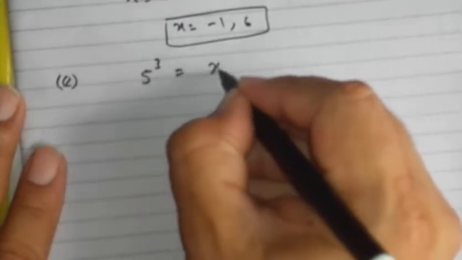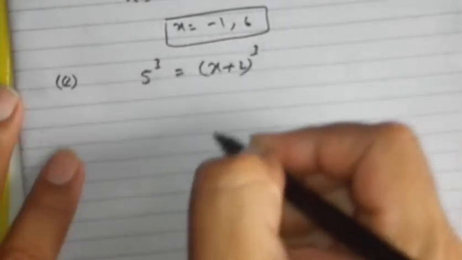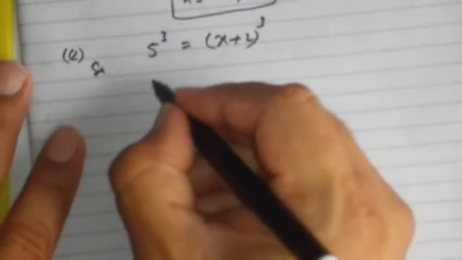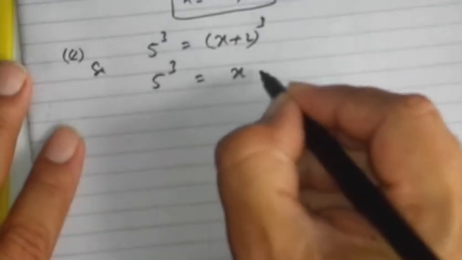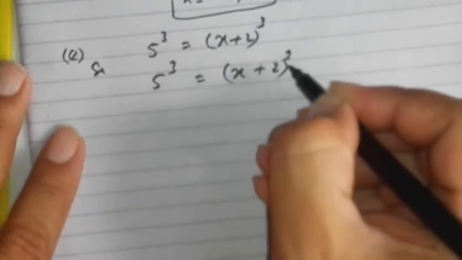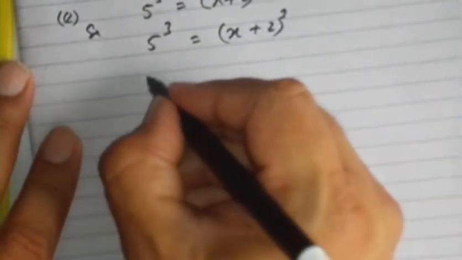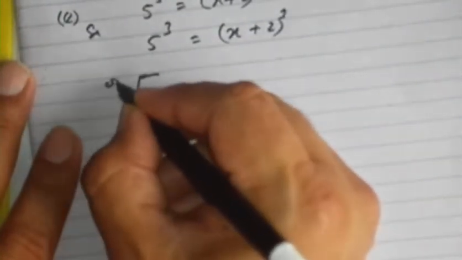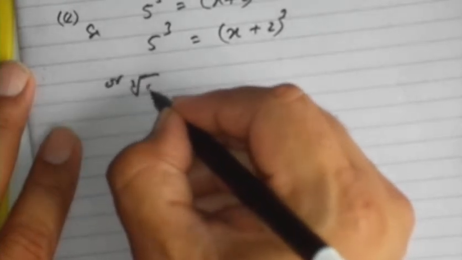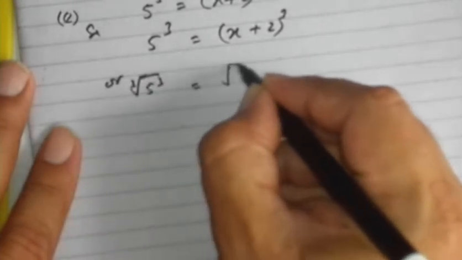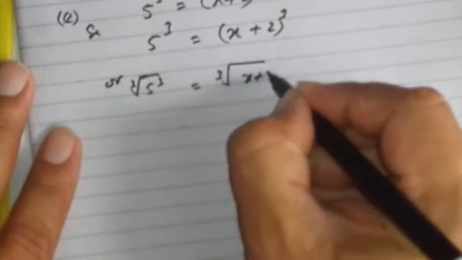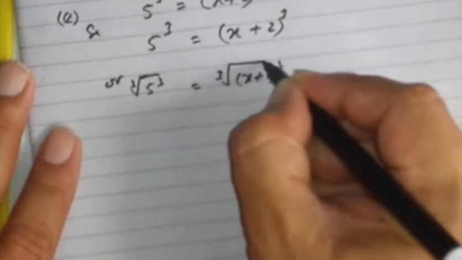Try part D. Part E. 5 cube equals x plus 2 whole cube. Solution: 5 cube equals x plus 2 whole cube, taking cube root on both sides, so we can write cube root of 5 cube equals cube root of x plus 2 whole cube.